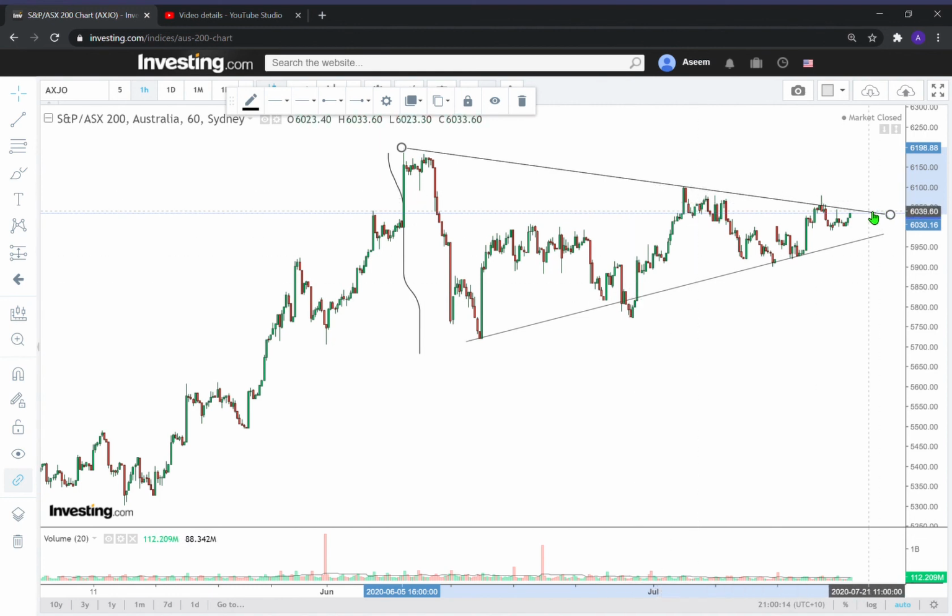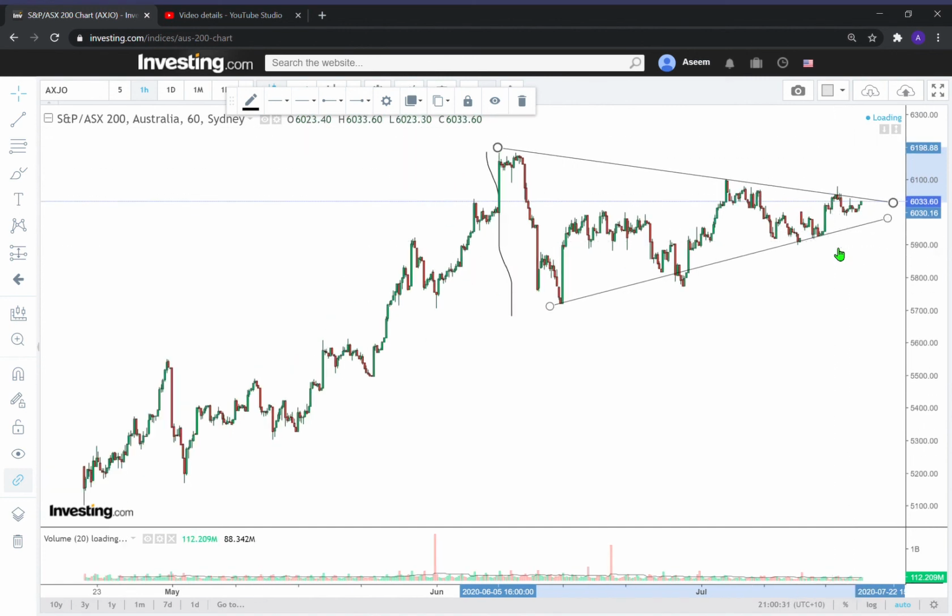So 300 points from here, or maybe let's say 5700 to 6150, so about 450 points from here, and if you add up this 450 points, it's the 6400 to 6500 range. That's a kind of target we can see in the next couple of weeks maybe, right?